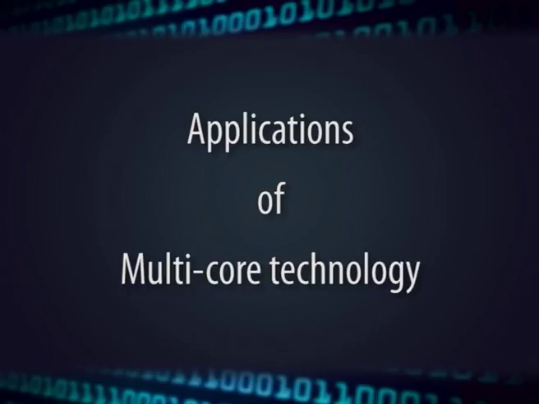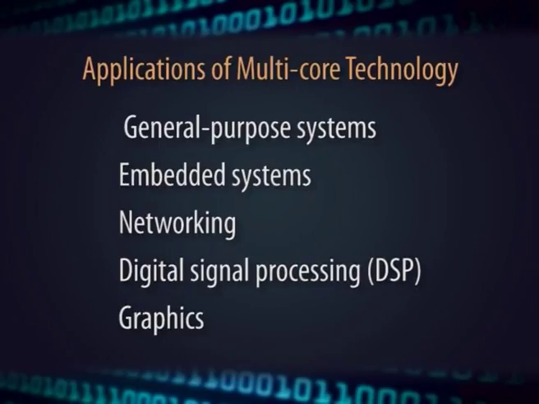Next, we discuss the various applications where this multi-core technology could be useful or has found a lot of utility so far. Multi-core processors are widely used across many application domains including general purpose systems, embedded systems, networking, digital signal processing and graphics.